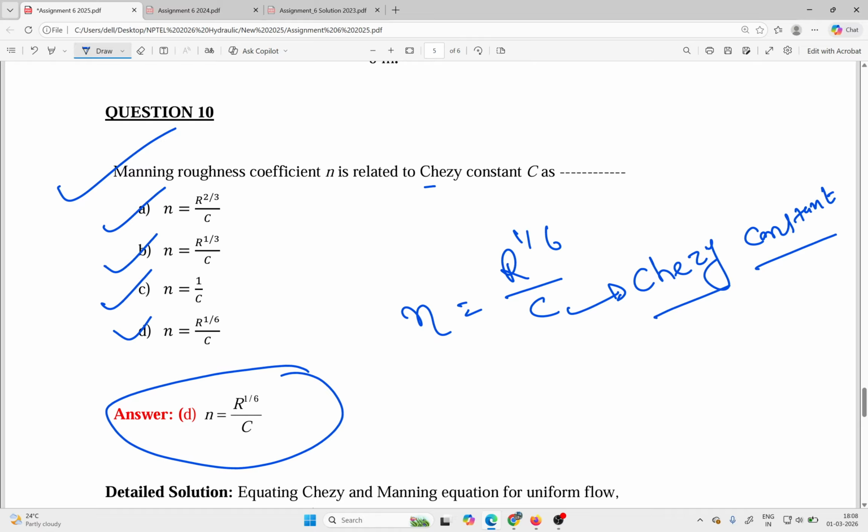Now, one thing is very important. Yes, I was trying to explain what the Strickler formula is. This is related to your D50 to the power 1 by 6 divided by 21.1. This is your Strickler formula for calculating your Manning's roughness.